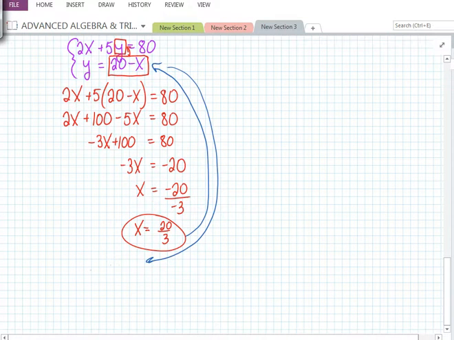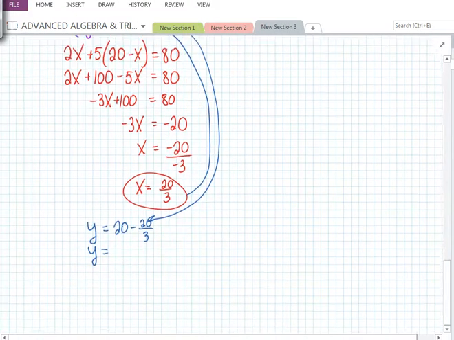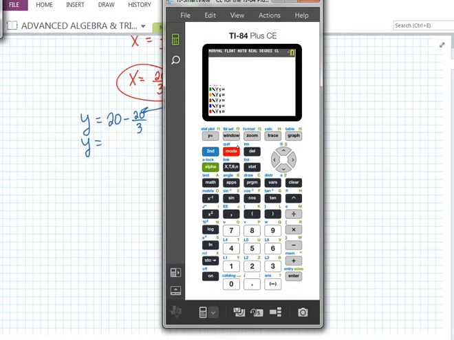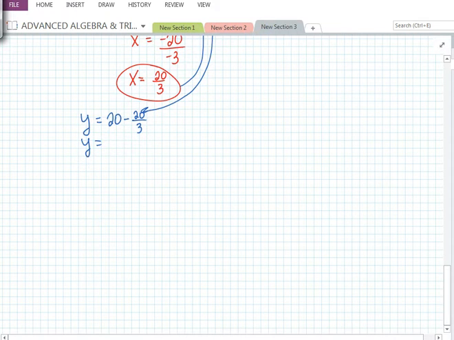I essentially have y equals 20 minus x, and since x has been found to be 20/3, I know that y is equal to, now be careful when you enter this in your calculator, 20 minus 20 divided by 3. The parentheses aren't necessary, but it's nice to remind us that it's a fraction. Then we turn that into an improper fraction, and it tells us that y is equal to 40/3.